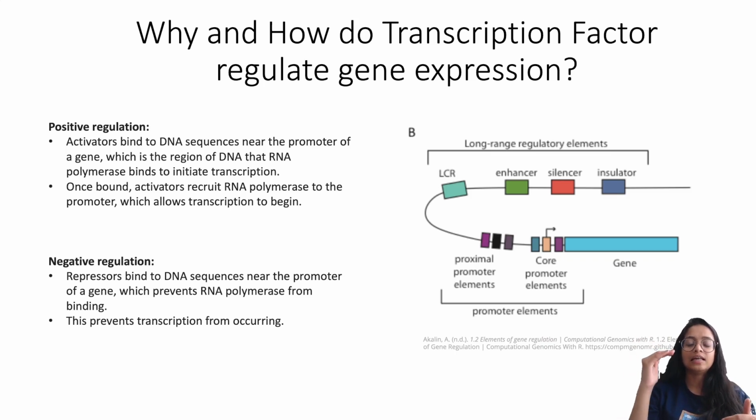So there are various levels at which the expression of a gene is controlled, but here we are just looking at the transcriptional level by the transcription factors. The modifications that occur after transcription, or that are not occurring at the stage of transcription, are called post-transcriptional mechanisms, which add another layer of regulation of gene expression.